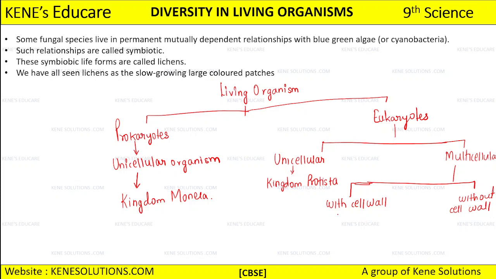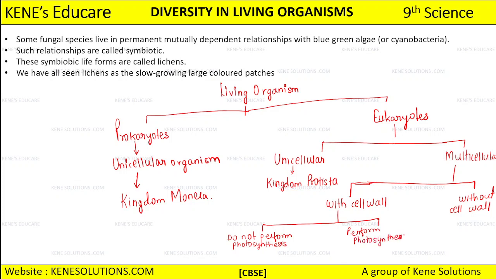अभी with cell wall में we have two different kinds: one performing photosynthesis, and one that does not perform photosynthesis. The one with cell wall that performs photosynthesis is very much clear, right?